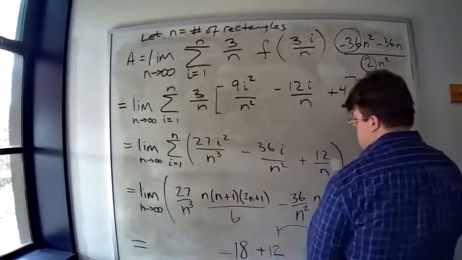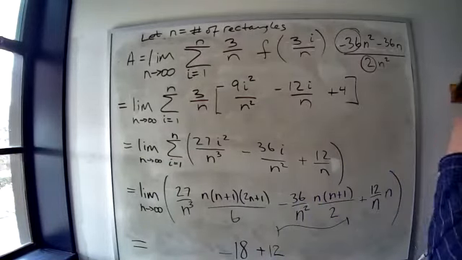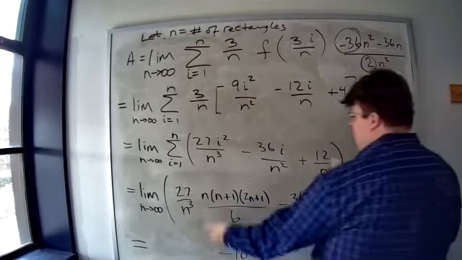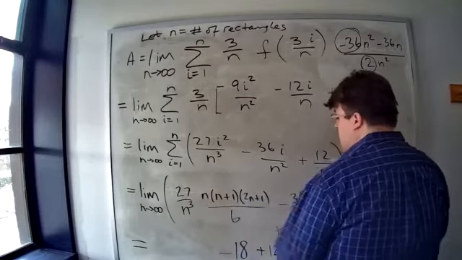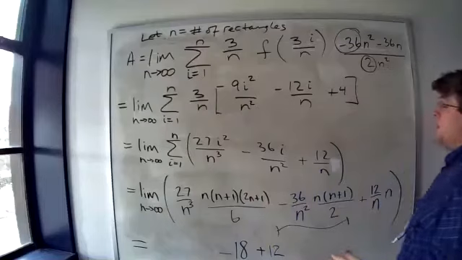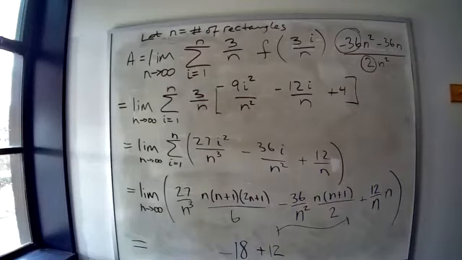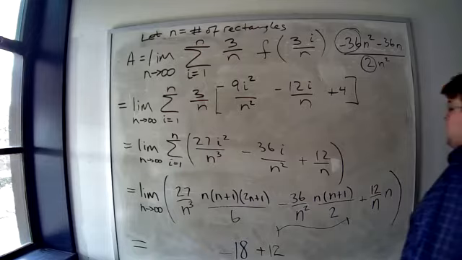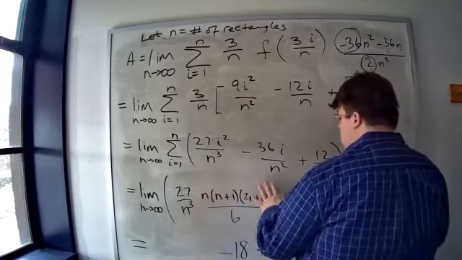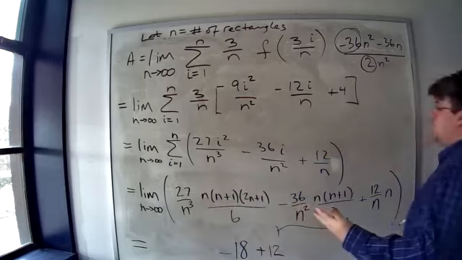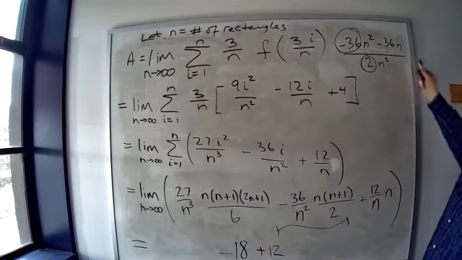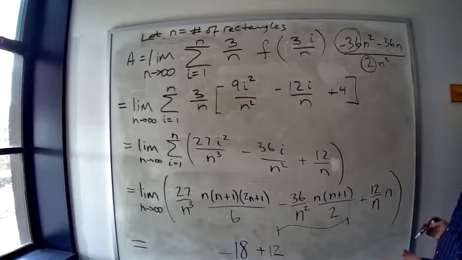Well, we have a lot of things we could multiply together. But notice we have an n times something else with an n times something else with an n. That's going to turn into something in terms of n cubed. So over here we have an n cubed over another n cubed. We can apply the same type of coefficient argument over here.